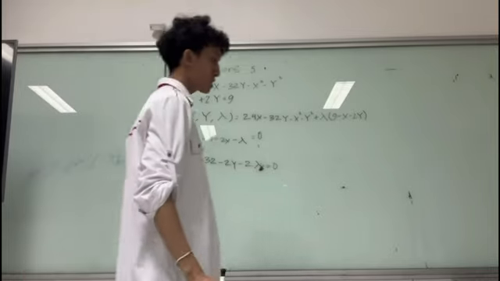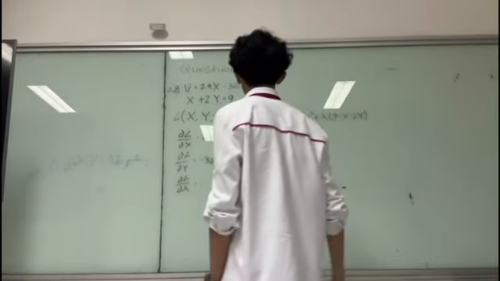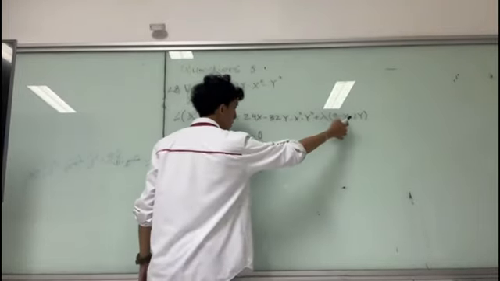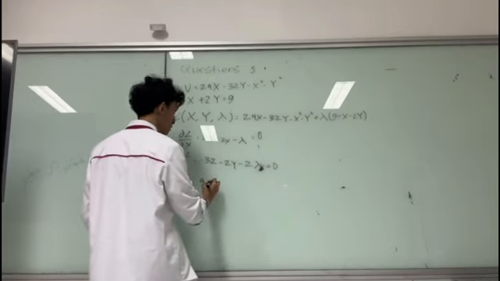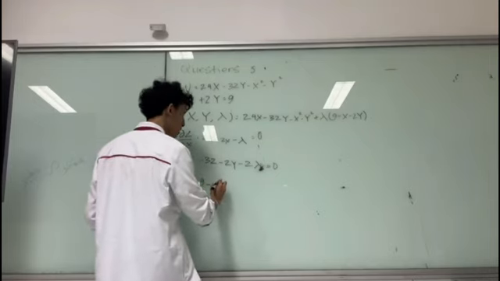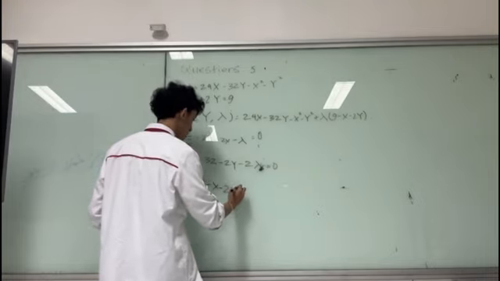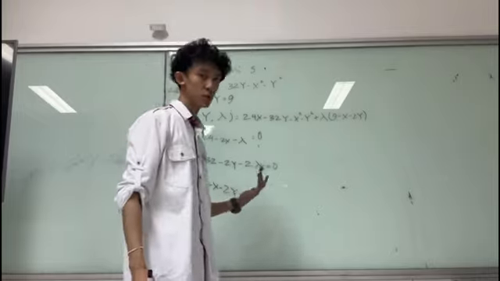Now, as for lambda itself, we take them all out except for the ones in the bracket. So it's going to be 9 minus x minus 2y. This is for the partial.